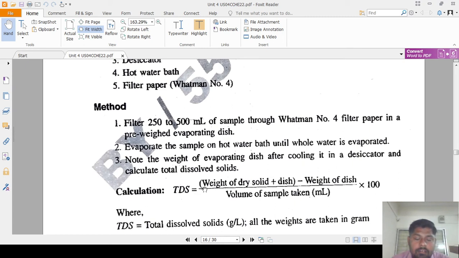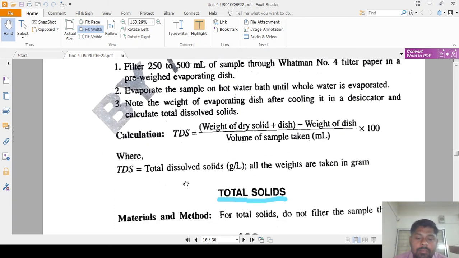So here the weight of dry solid plus dish, that is after the drying, and that is the weight of the dish. By subtracting this value, you find out the weight of dry solid, that is divided by the volume of sample taken, that is between 250 to 500 ml, into 100. In that way you can find out the value of TDS in the unknown water sample.